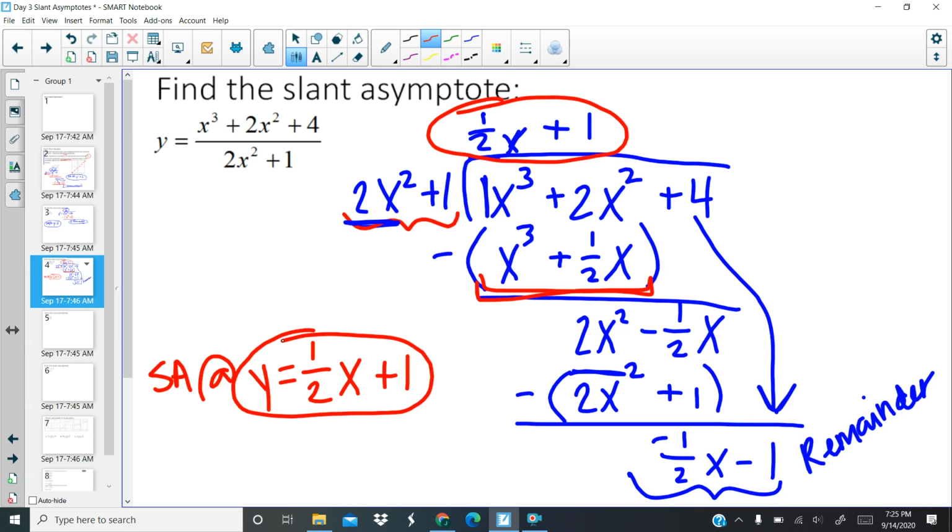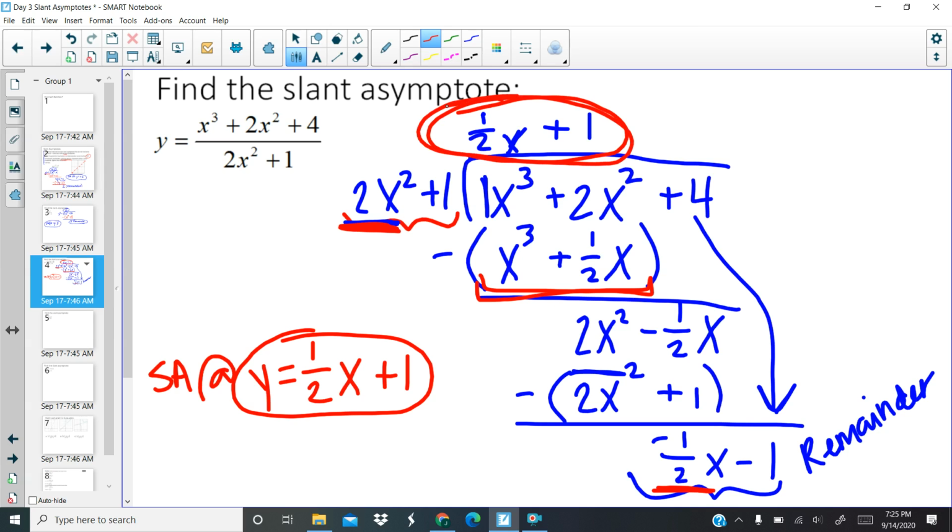And that's your answer. And so then just to kind of address this whole remainder situation and why we didn't have to worry about the 4 and all of that, once you hit a point where the first term in the thing that's in the denominator no longer goes into the first term on the inside, that's just when you stop, and then whatever you have on the top at that point is going to be your slant asymptote.